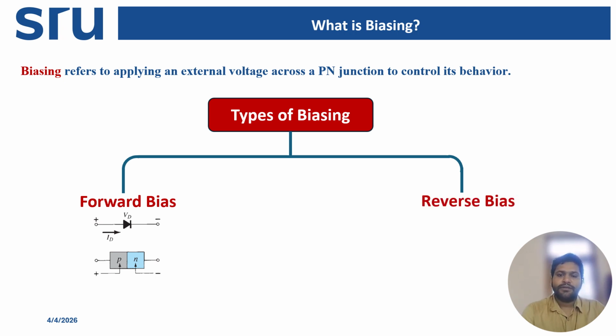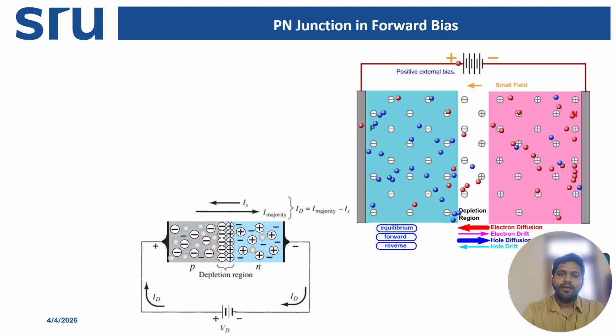Similarly, in reverse bias the polarities are reversed: the positive terminal is connected to the N-type semiconductor and the negative terminal is connected to the P-type semiconductor. The connection where positive goes to P-type and negative goes to N-type is called forward bias.